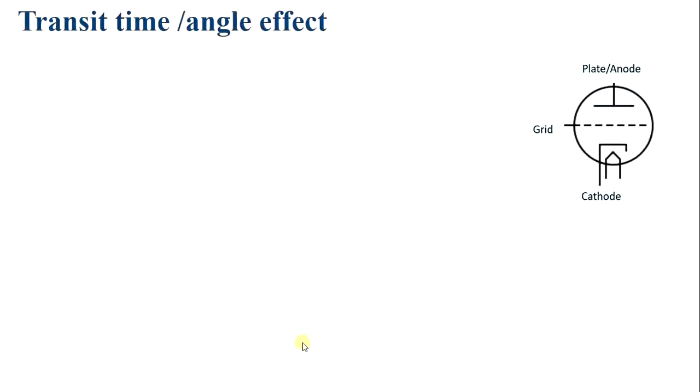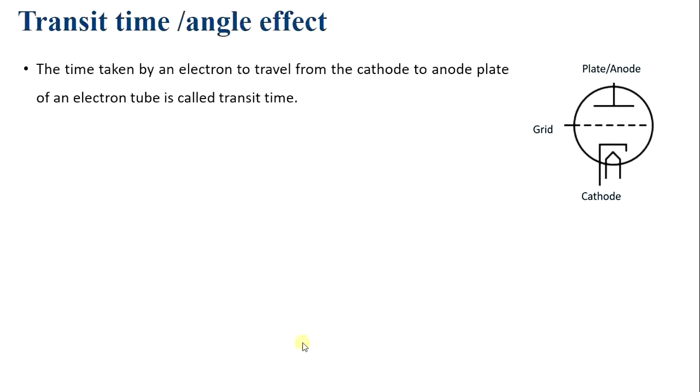The second effect is the transit time or transit angle effect. Before dealing with this, what is transit time? Transit time is the time taken by an electron to travel from the cathode to the anode terminal. You can see over here the distance between the anode and the cathode is denoted by a small d, and the velocity at which the electron is moving is v0.